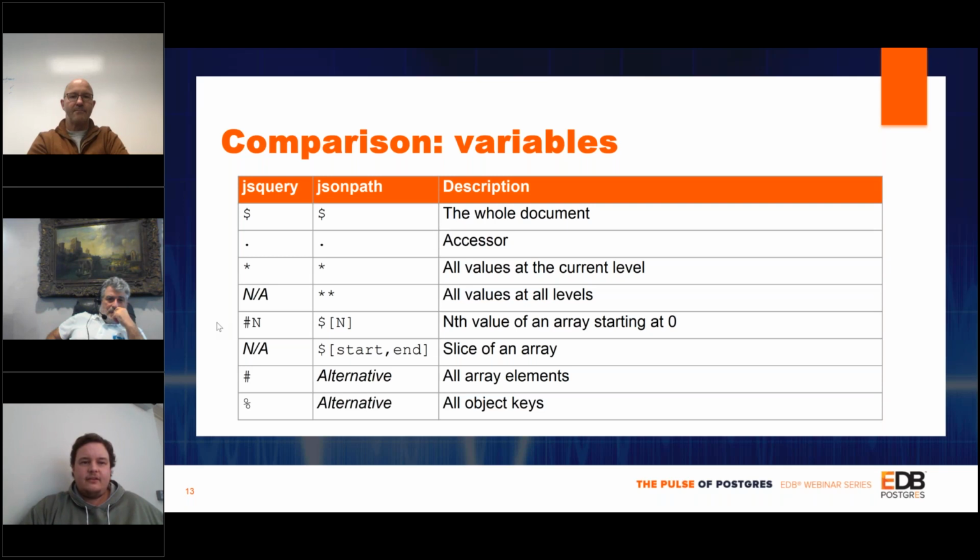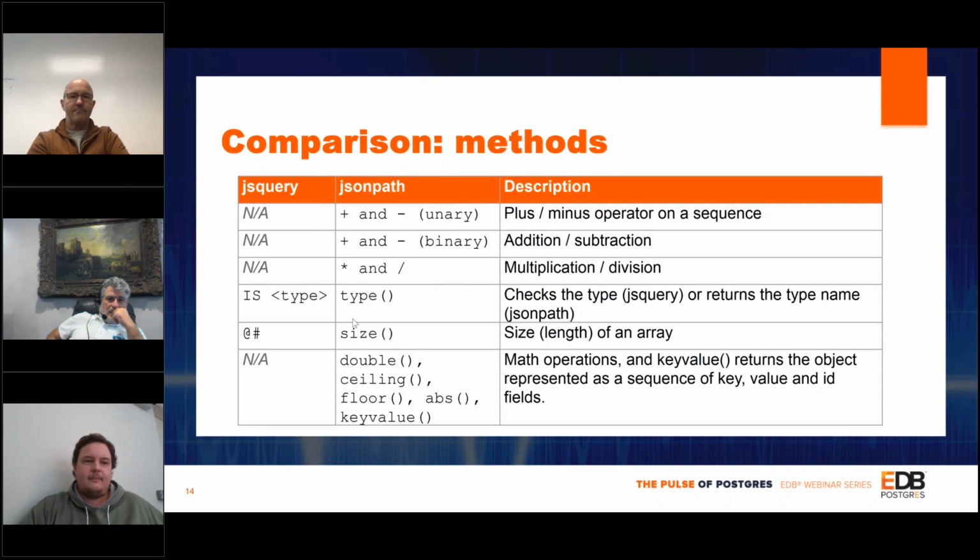So there's also various methods. Most of these aren't available in JSQuery. We've got plus and minus signs, which are unary operators. These just operate on a sequence, and we've got plus and minus, which are binary. These provide addition and subtraction, and asterisk, slash for multiplication, division.